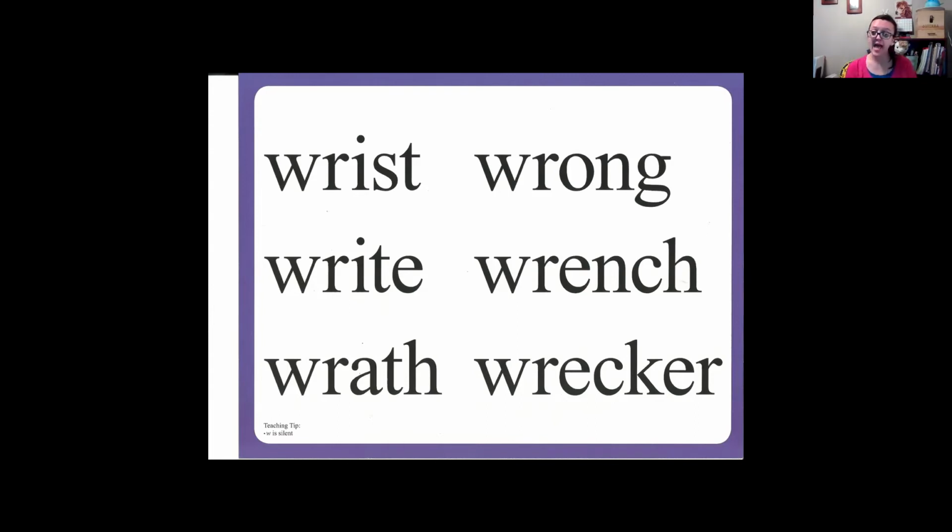And finally, wrecker. The root word is wreck, to destroy, plus er as in bigger. A wrecker is someone or something that wrecks something.